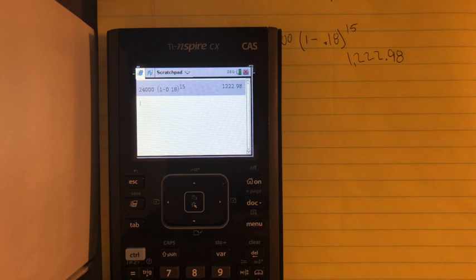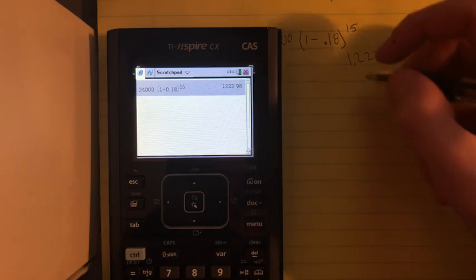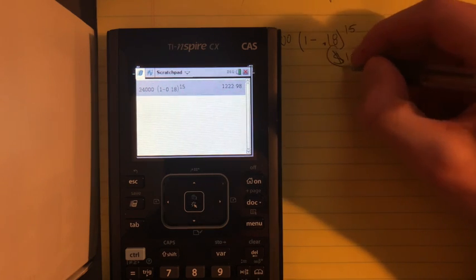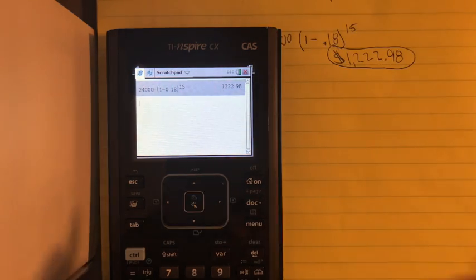That is what our tractor will be worth after 15 years. Now that's pretty bad if you ask me, so don't buy a tractor, if you're looking to buy a tractor.